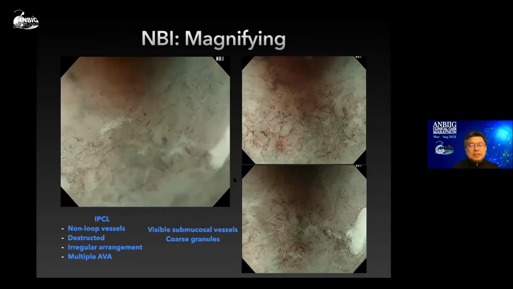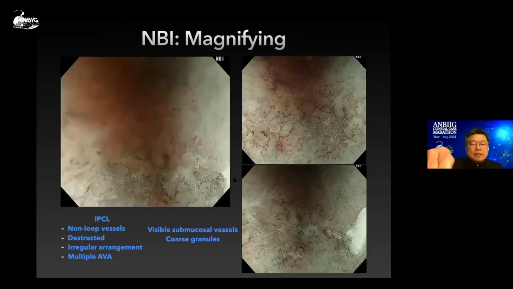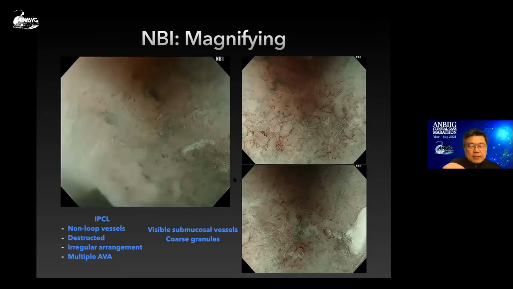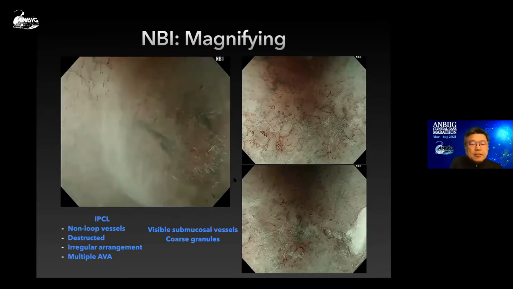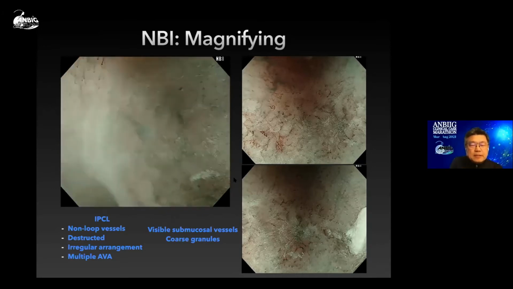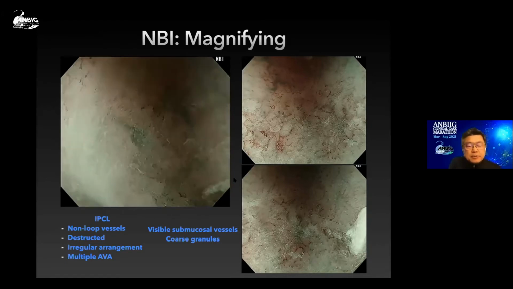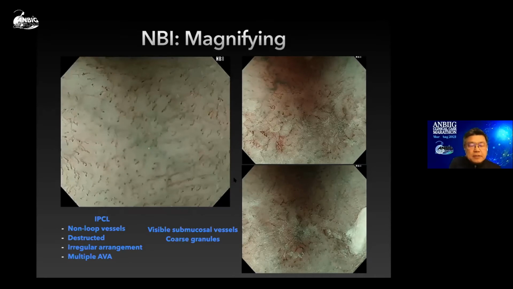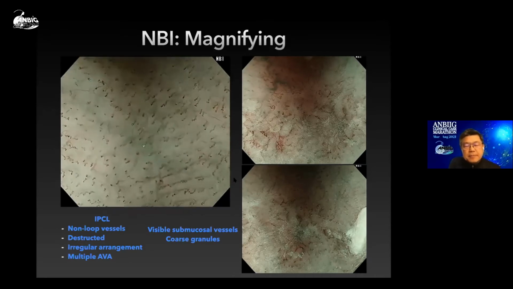So this patient has elongated and loop vessels, but this area is suspicious of submucosal vessel, and here is the non-neoplastic area.